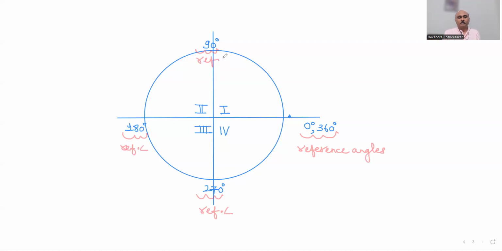I hope all of you understood this. And now you can also check here that these reference angles are multiples of 90 degrees. Check, all of you. They are multiples of 90 degrees.